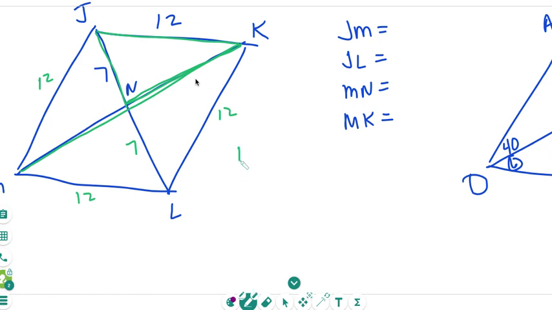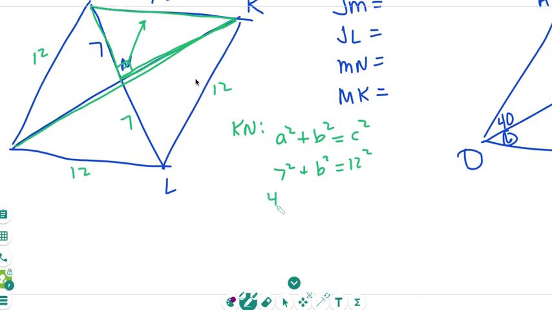So KN is going to be a squared plus b squared equals c squared. This is our right angle, so this is our c. We have 12 squared is equal to b squared plus 7 squared.